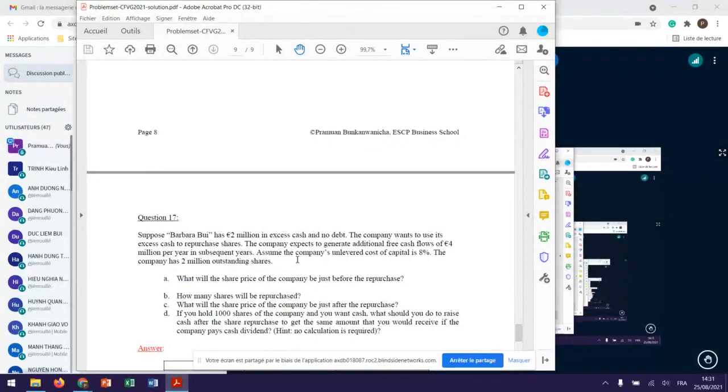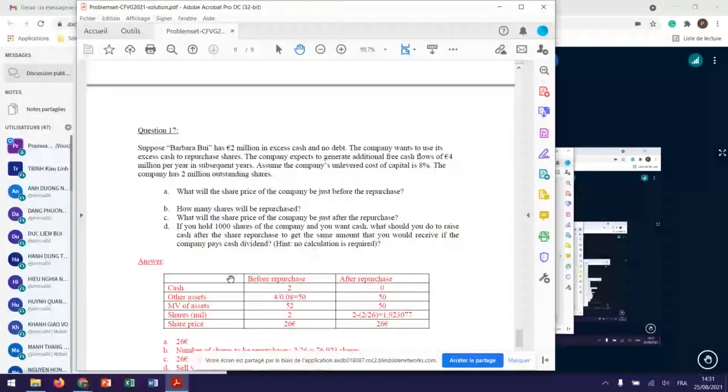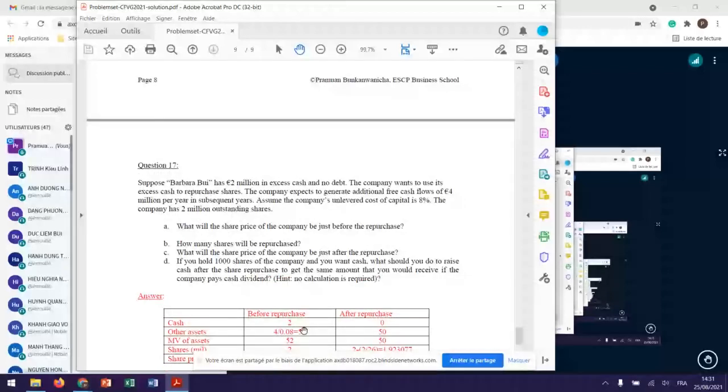So we can apply the perpetuity formula, where the value of the assets without cash would be 4 divided by R minus G. G is equal to 0, so we have 4 divided by 0.08. Therefore, the value of the firm from these additional free cash flows starting from year 1 would be equal to 50. This 50, together with the 2 of cash.